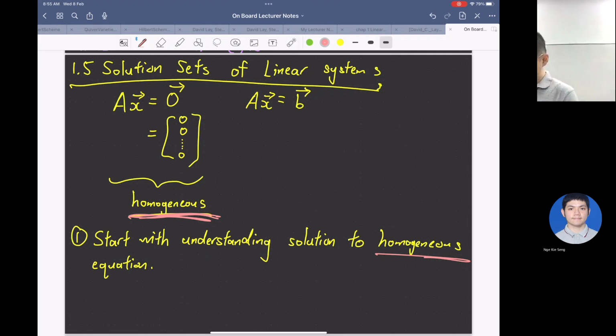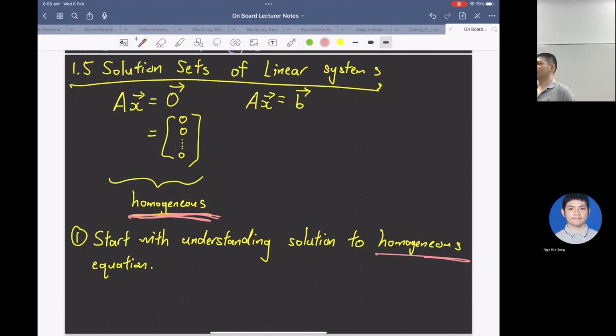So that's why we introduce so many adjectives. Ax equals 0 always has one solution. What's the solution? Do you know what it is?